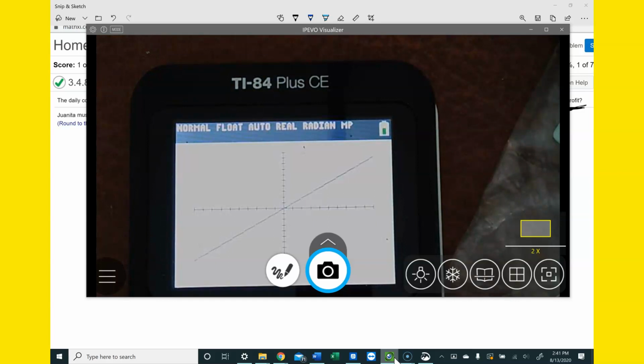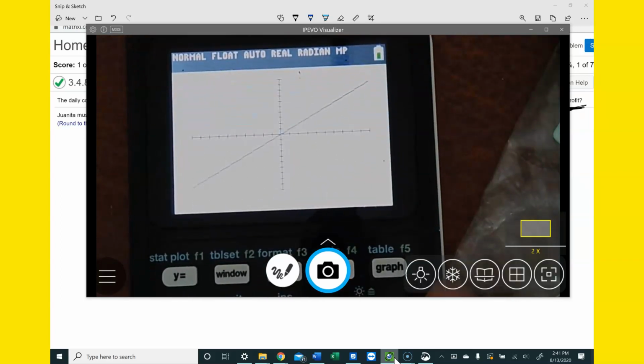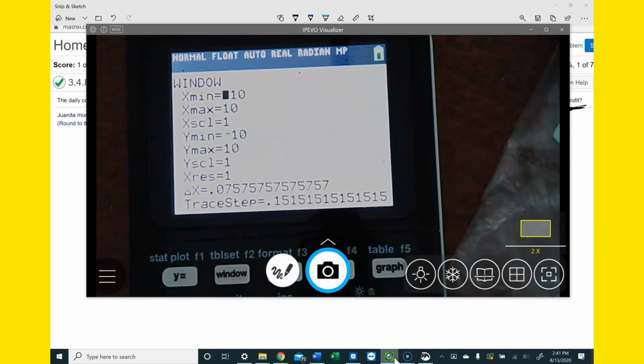So I'm going to adjust my window to be able to see more of what I want to see. So hit window. Now put thought into what you want to see in the window by thinking about what the problem is about. What is x representing here? It's representing the number of loaves of bread that are sold. So obviously I don't want to see anything less than 0, right?